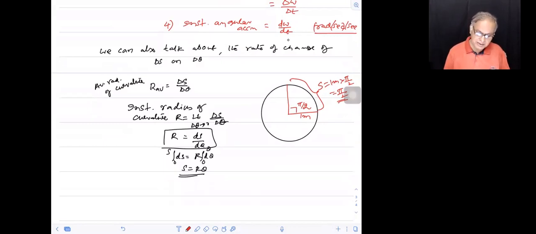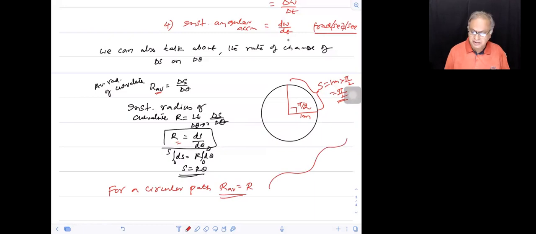And for a circular path, R average and R instantaneous are one and the same. For a circular path, R average is equal to R instantaneous. But for some zigzag path like that, it will be different.